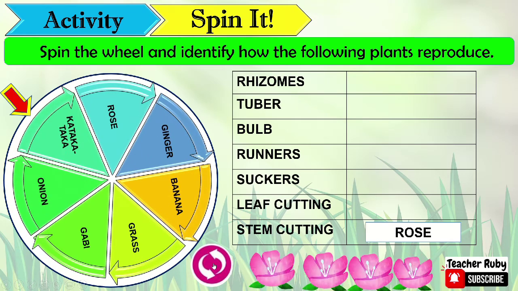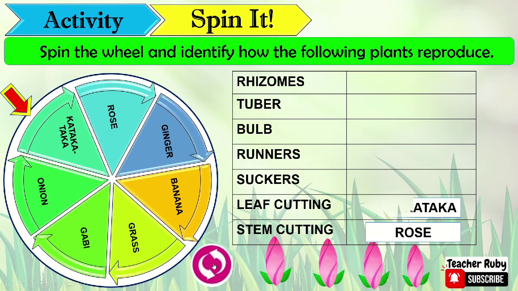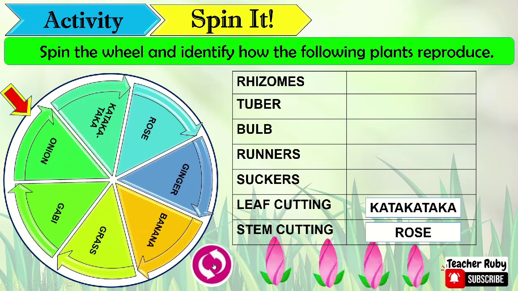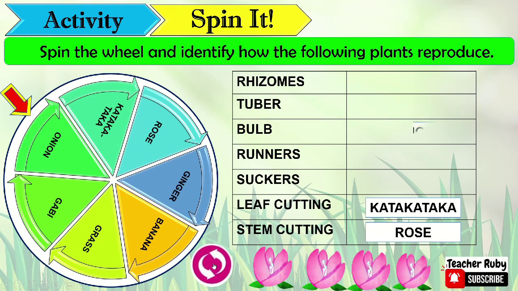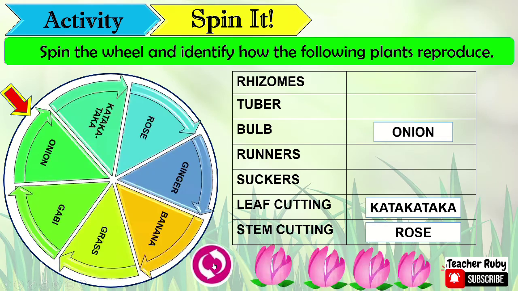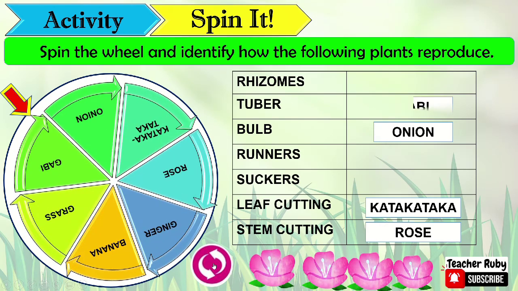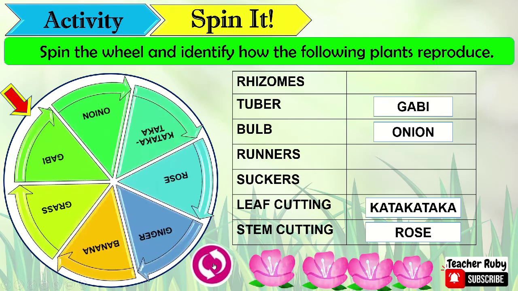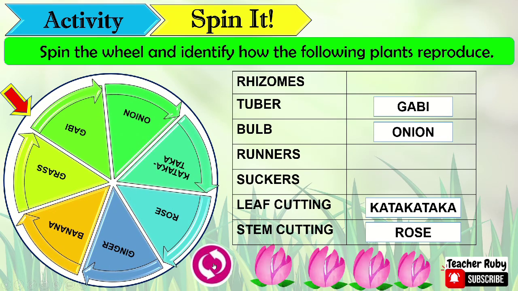Next, we have katakataka, through leaf cutting. Third plant, onion. Bulb. Next, gabi. Tuber. Let's try again.